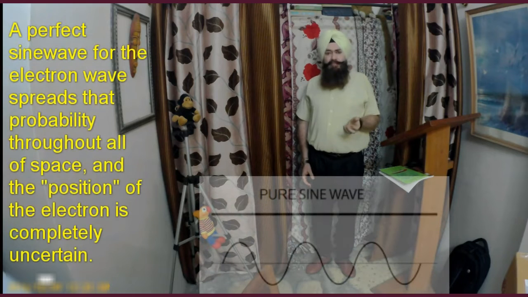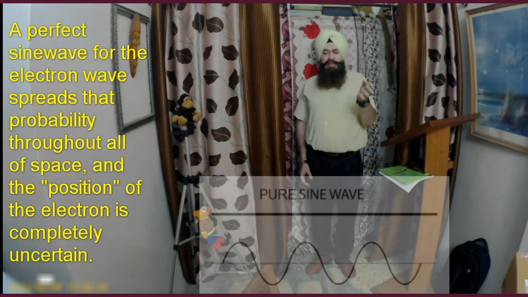So let's consider a perfect sine wave, for example, the electron wave that spreads in space. If I have a single sine wave, then its probability also spreads throughout all space.